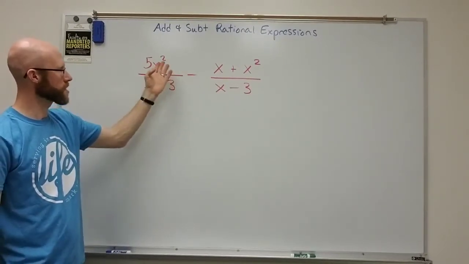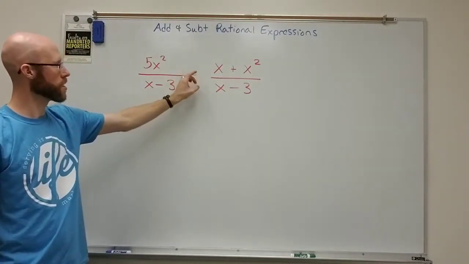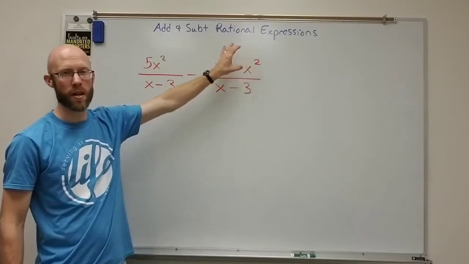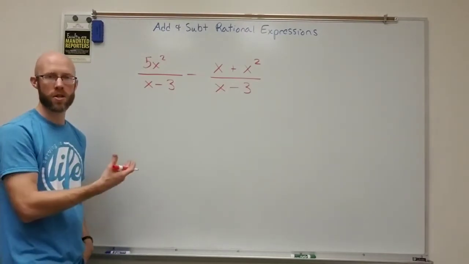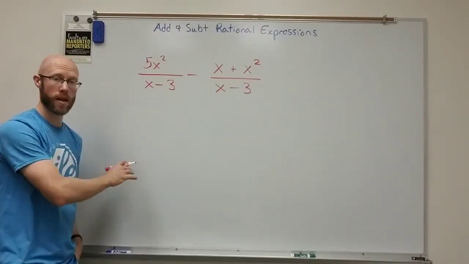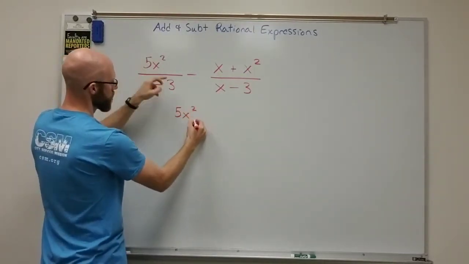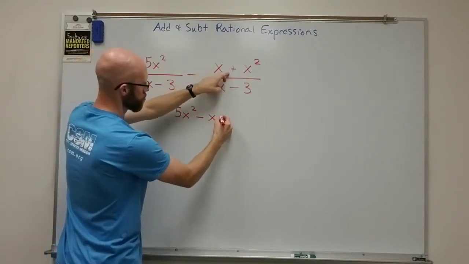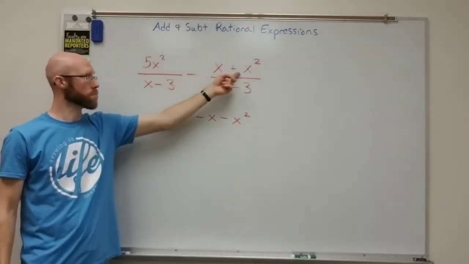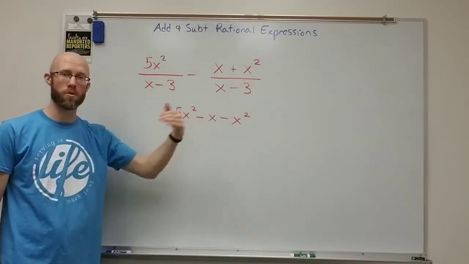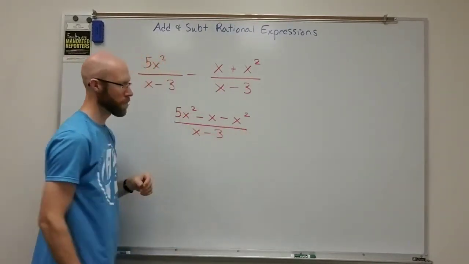And now to combine these, I just want to simply combine the numerators, but the subtraction applies to everything on the right. And so it distributes to both of those terms. So you can think of it, I'll add an extra step here in my writing so that you can see what's going on. You distribute that negative, so it's 5x squared minus x squared minus x. Okay, so this subtraction applies to both of those terms, or distributes to both of them. And then of course we have the x minus 3 on the bottom.